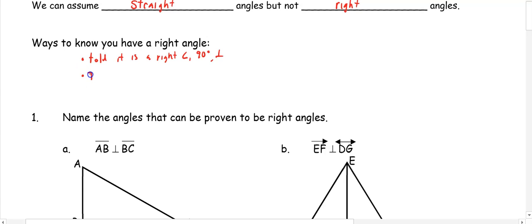In the picture, we could have a little box. We can have it congruent to a right angle. We can have a straight angle that is bisected, because if a straight angle is 180 degrees and it's bisected, that's going to mean that it is cut into two 90-degree angles.